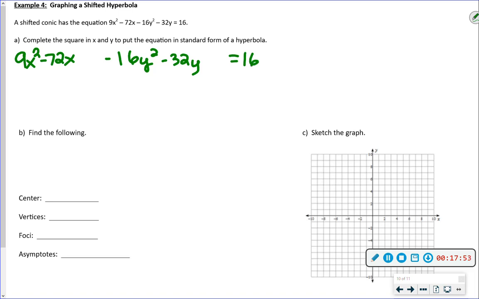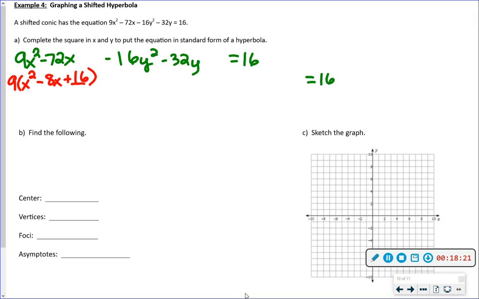Okay. Now, to complete the square, remember your lead coefficient has to be a 1. So I'm looking at the x's. I've got to pull the 9 out first. 9 times 8 is 72. Now I'm going to put my blank in there. Half of 8, 4 squared. But let me put my equals 16 over here, and shove it over a little bit, because I'm going to need some room.